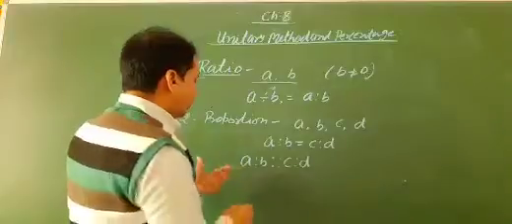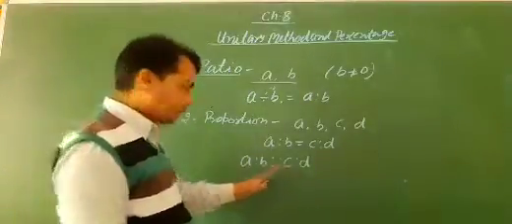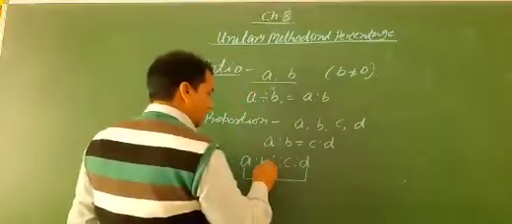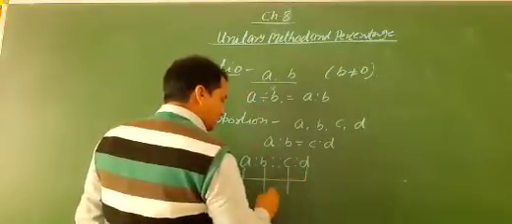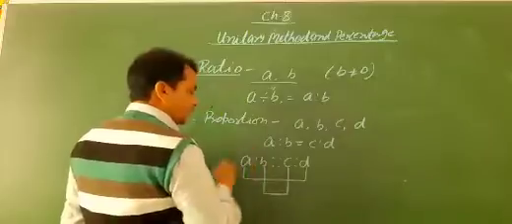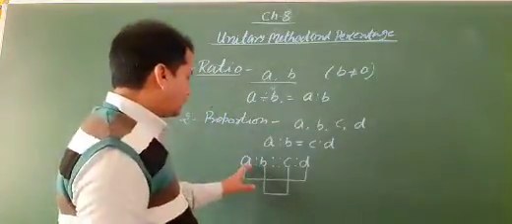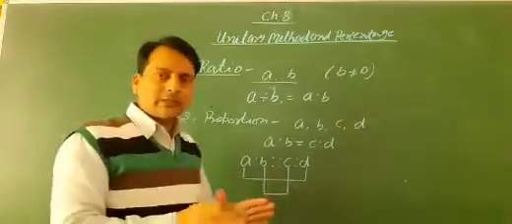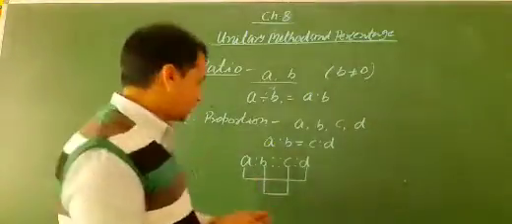So here the first and fourth terms are known as the extremes, and the middle terms are known as the means. So in the equivalent relation, the product of means equals the product of extremes.